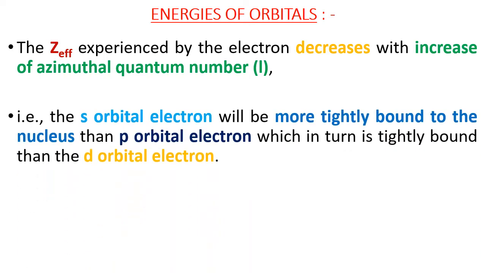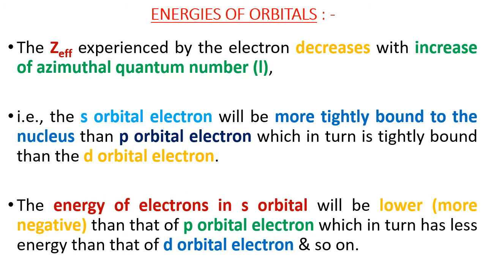That is, an s orbital electron will be more strongly bound to the nucleus than a p orbital electron, which in turn is more tightly bound than a d orbital electron. The energy of electrons in s orbital will be lower, that is more negative, than that of p orbital electron, which in turn has less energy than that of d orbital electron, and so on.